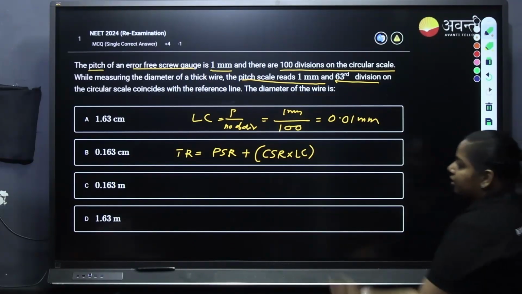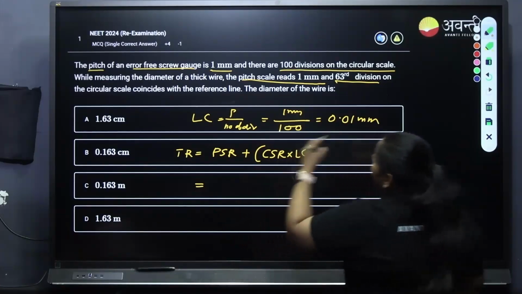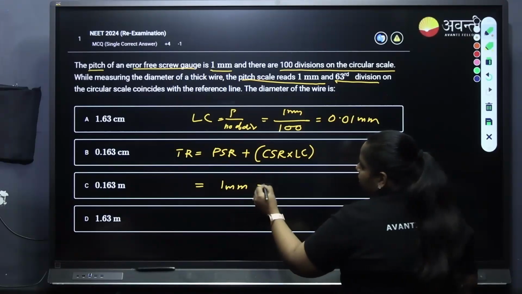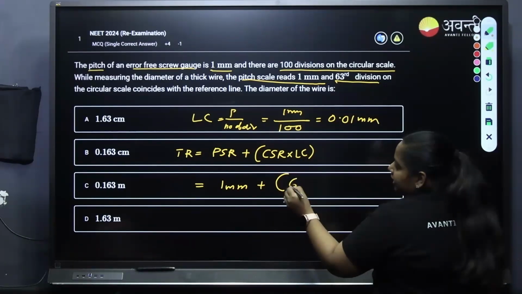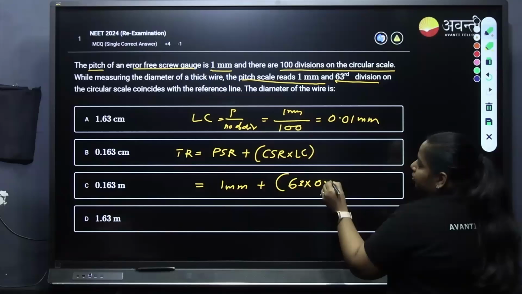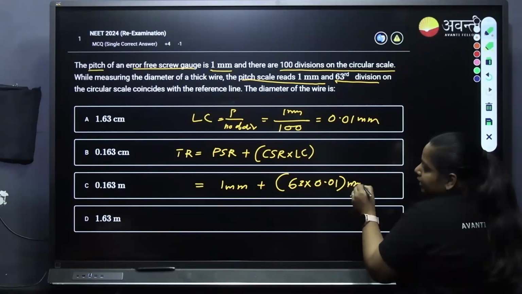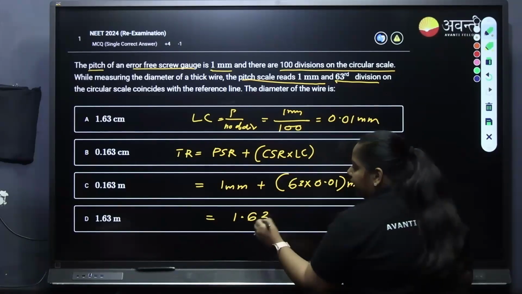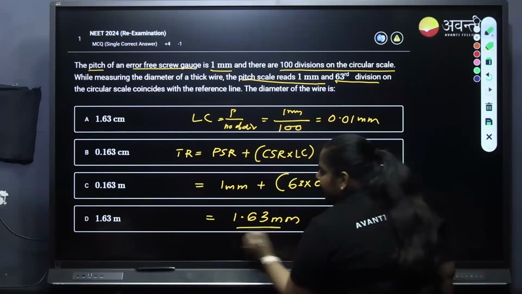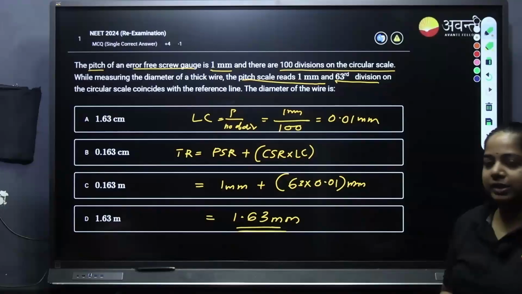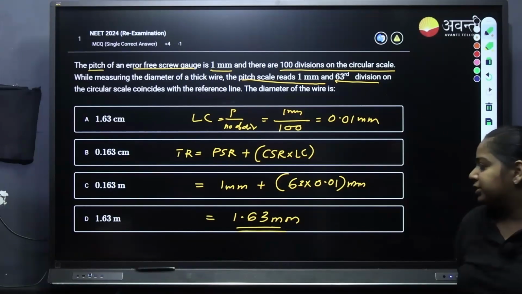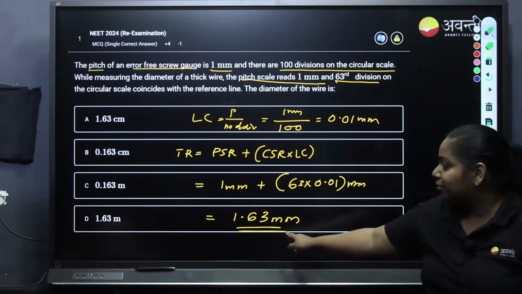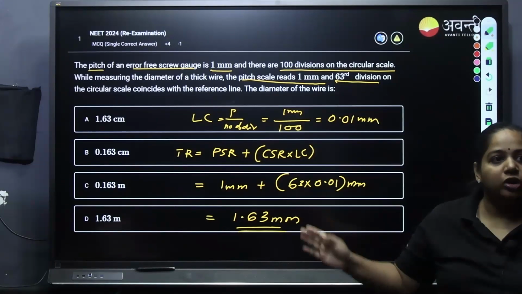Pitch scale reading already given, 1 millimeter, plus circular scale reading 63 into 0.01 millimeter. So this is equal to 1.63 millimeter. Is that answer given in the options? Can you find 1.63 millimeter? It is not there.